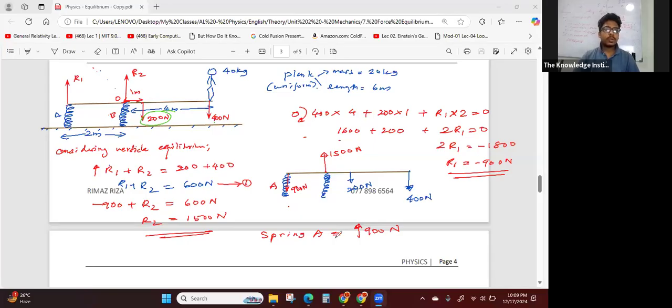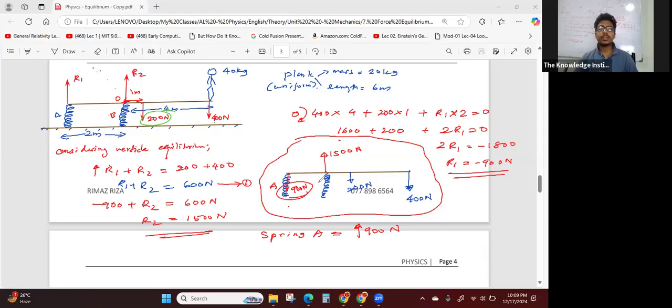Spring A. The question is to find the magnitude and the direction of the forces acting on springs A and B by the plank. Now this force 900 we have marked is the force acting on the plank by the spring, because in this free body diagram we have marked only the forces acting on the plank. So according to Newton's third law, an equal and opposite reaction force will be there on the spring.